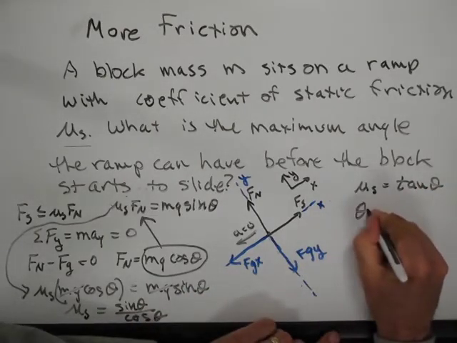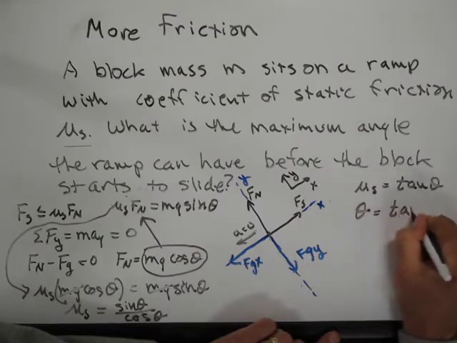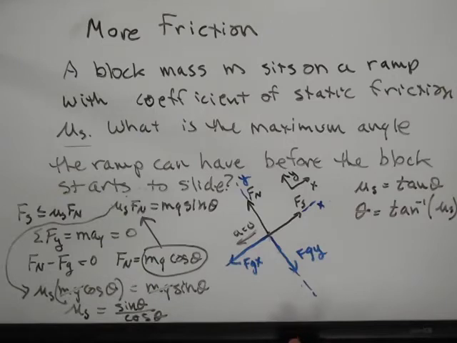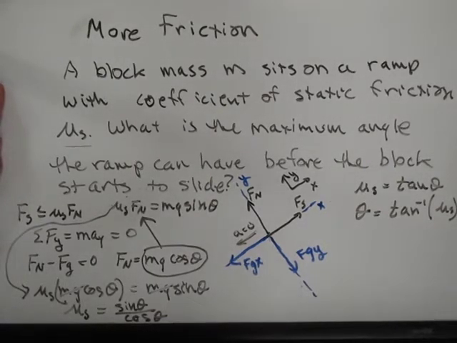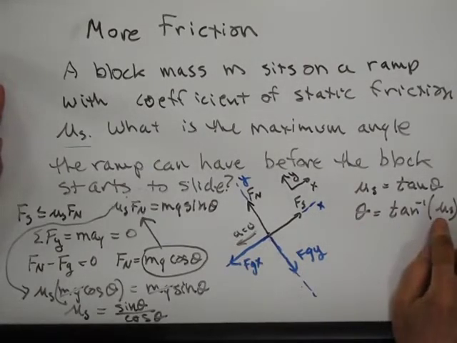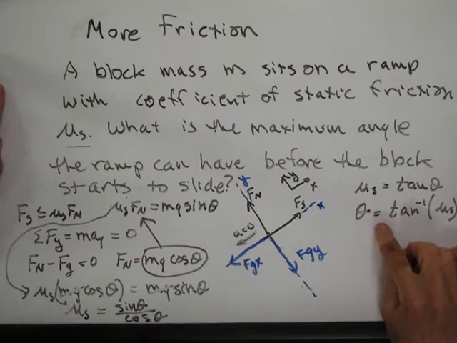And so theta is tangent inverse of mu sub s. So that's the maximum angle. If I know what my mu sub s is, I know the maximum angle.